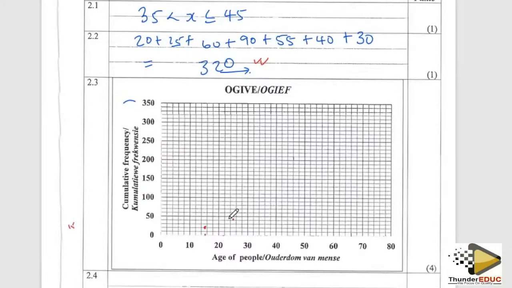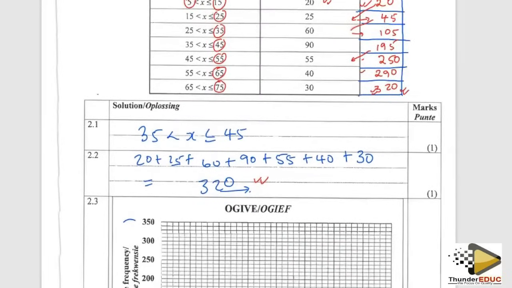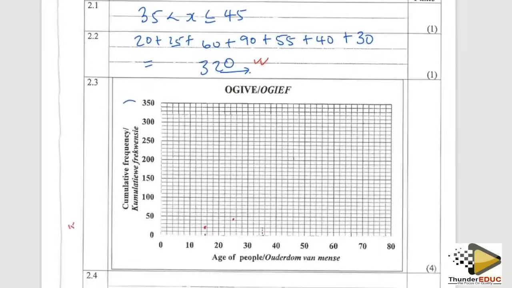No, that's 40, but it's close, slightly above. Then I'm going to 35. This is the line of 35. 35 goes with 105. This is 100, so somewhere there.